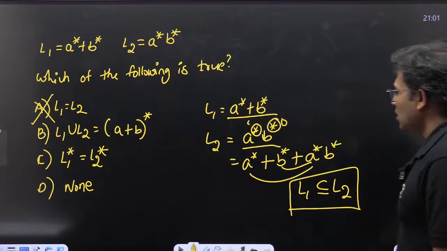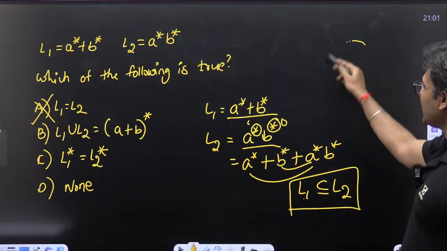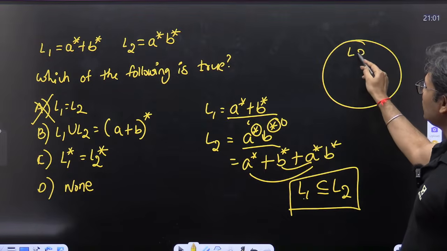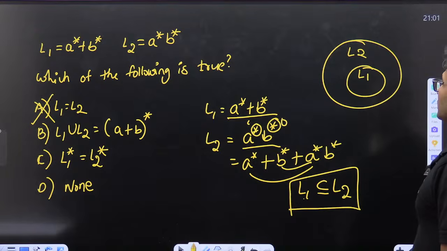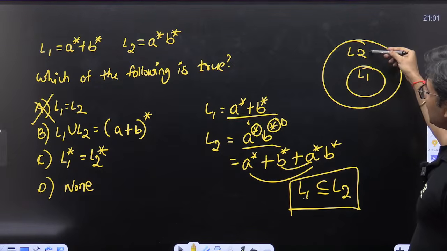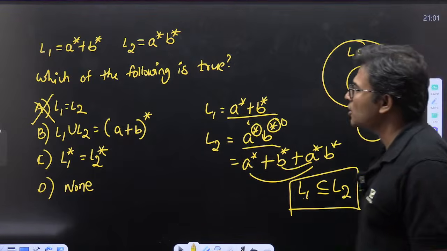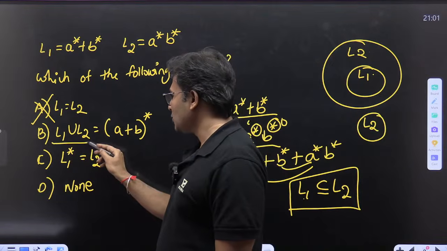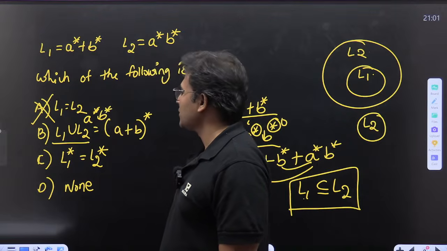Now, if I union these two, L1 is a subset of L2, right? So L2 will be here, L1 will be here. Now, what is L1 union L2? L1 union L2 is L2 only, which means A star B star.